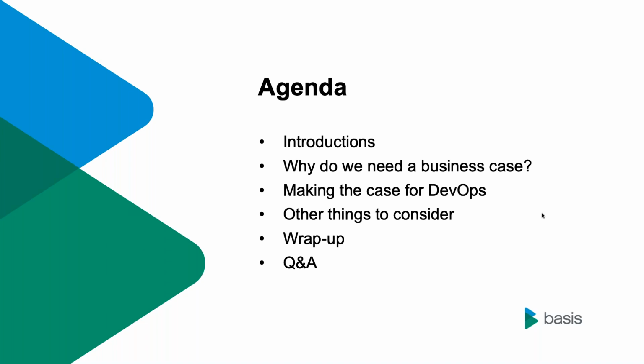We're going to look at a few other things to consider around building a business case more generally, some hints and tips that might hopefully help you in doing that. And then when we wrap things up, we're also going to consider a few examples of Basis Technologies customers who've adopted DevOps in SAP and the kind of outcomes that that has delivered for them, that potentially could be the kind of thing that you could feed in to your own business case as you look to adopt DevOps. And then, as I've mentioned, we're going to look at some Q&A as time allows.